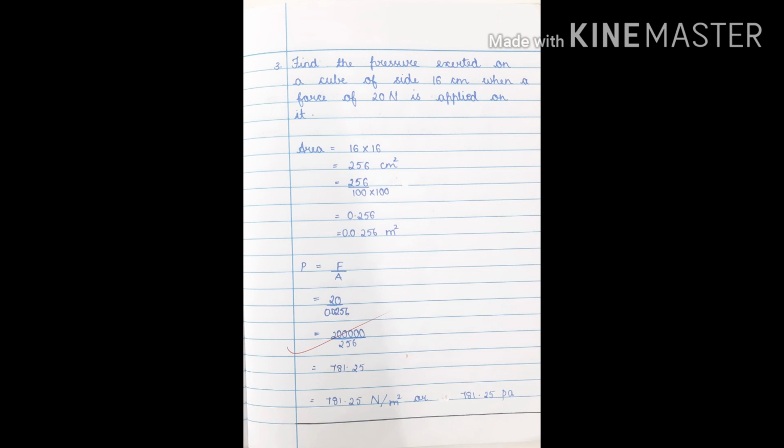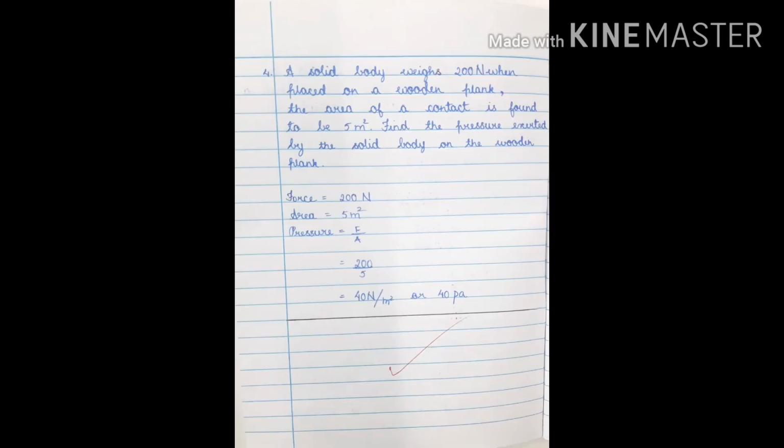P is equal to F by A, which is equal to 20 divided by 0.0256, which is equal to 2 lakh divided by 256, which is equal to 781.25 Newton per meter square or 781.25 Pascal.